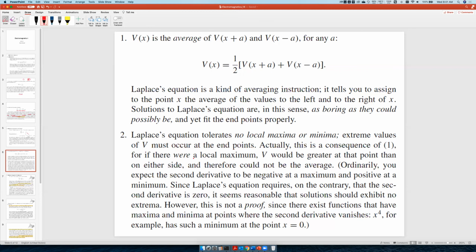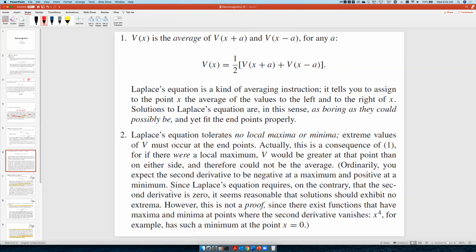Because if there were a local maximum, then V would be greater at that point than on either side, so that point could not be the average of its two sides. This is one explanation of no local minima or maxima.